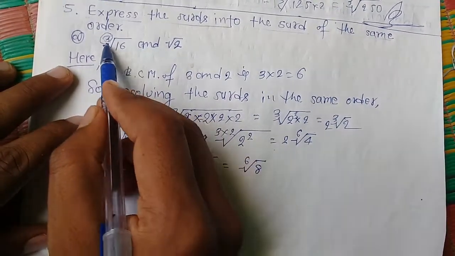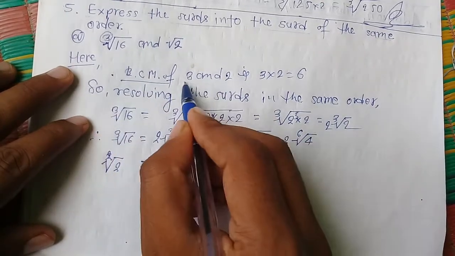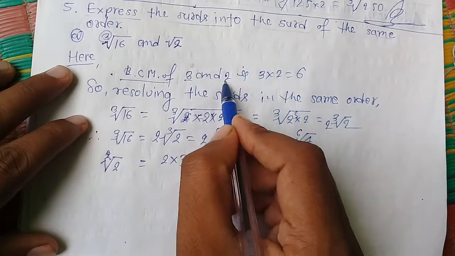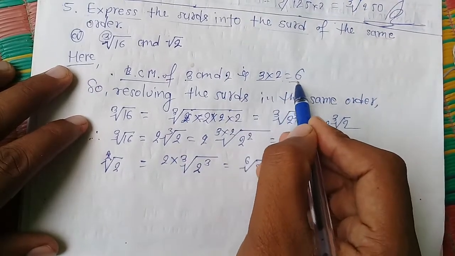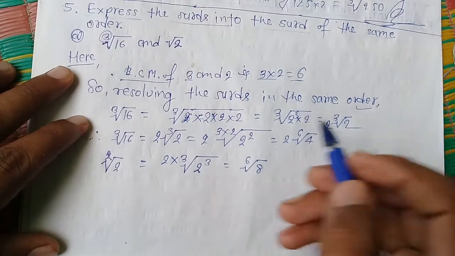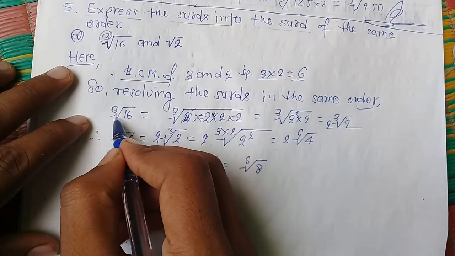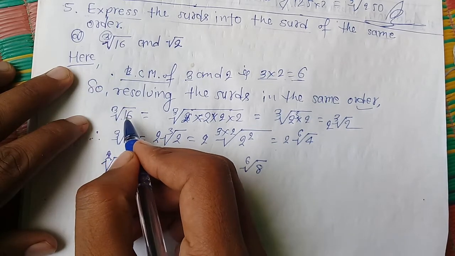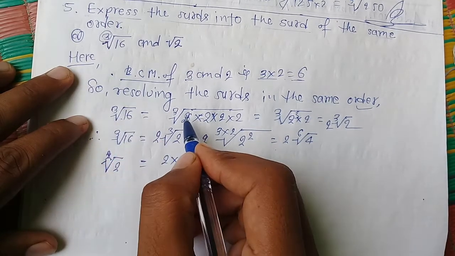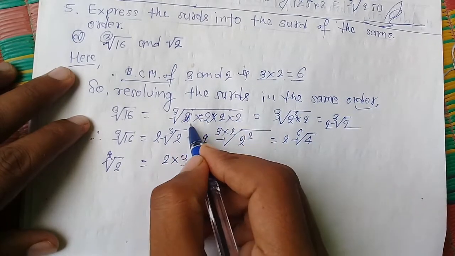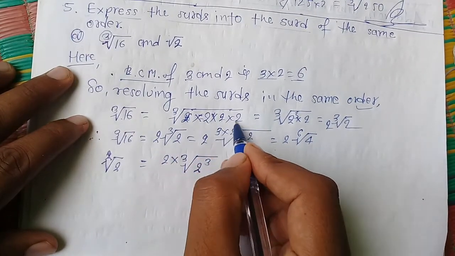First of all, take the LCM of the order numbers. So the LCM of 3 and 2 is 3 into 2, which is 6. So we resolve the surds into the same order. The third root of 16 can be written as the third root of 2 into 2 into 2 into 2.